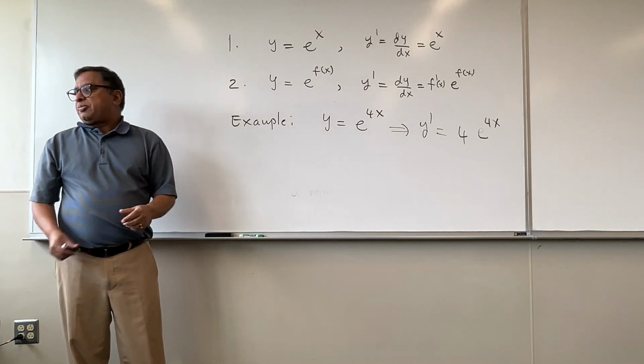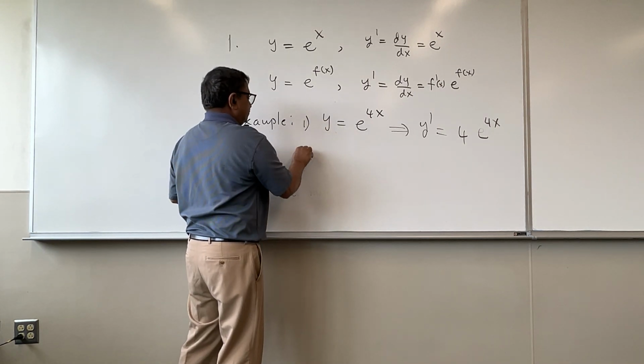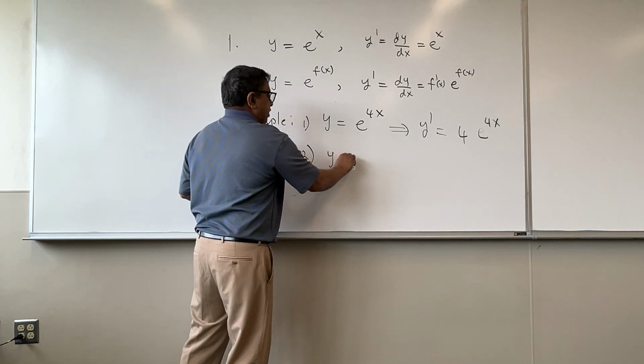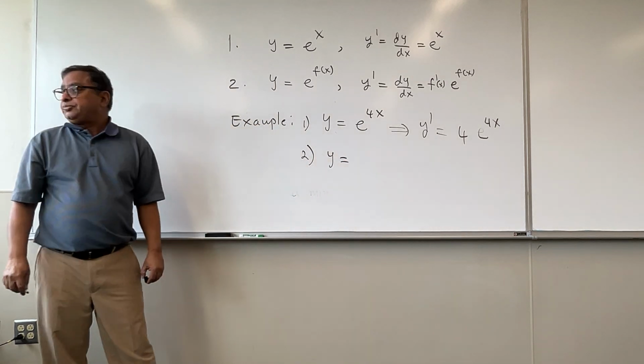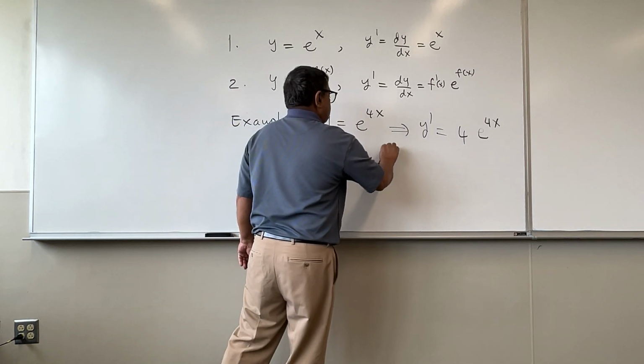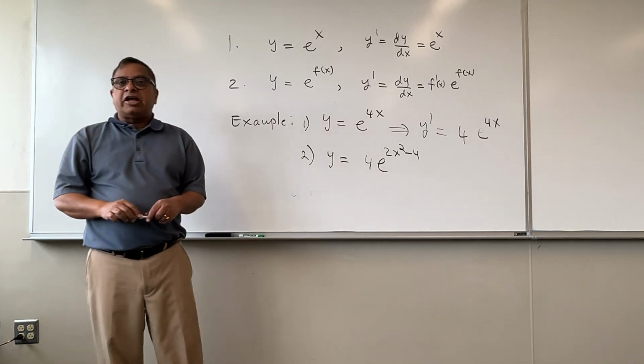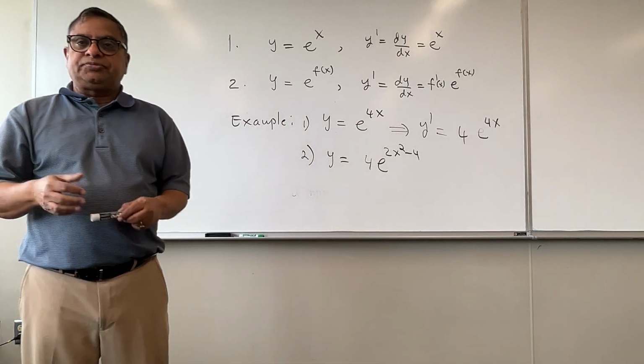Let's try another example. Example 2. In this case, y equals 4 times e to the power of 2x squared minus 4. And I want to differentiate this function.